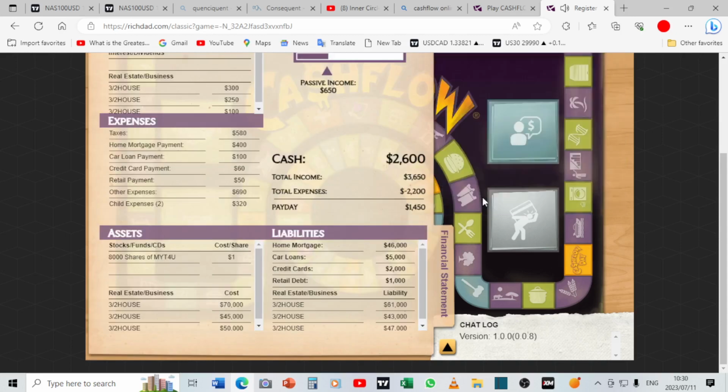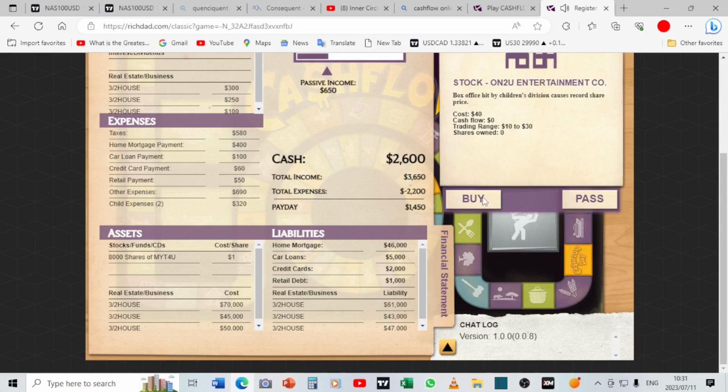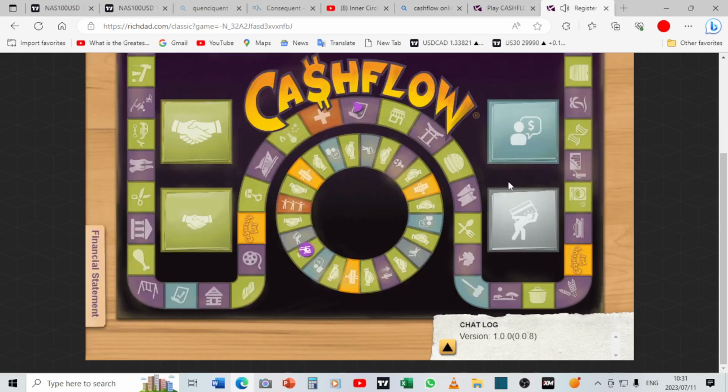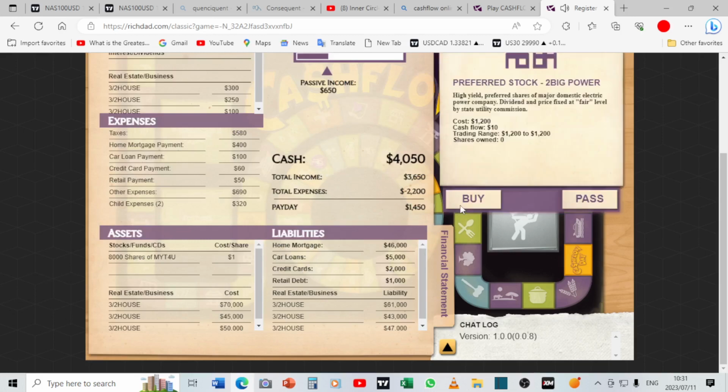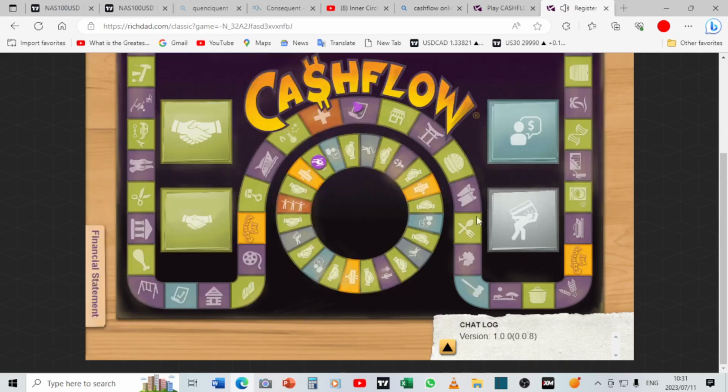Share cash flow 0, 0. This is expensive. This is a bad deal. You need to see a bad deal and a good deal. Let me see. Cash flow $10, and it ranges. This is again like parking your money.